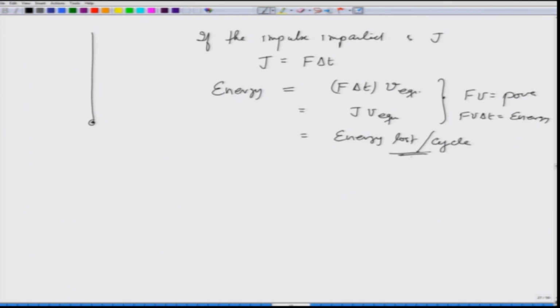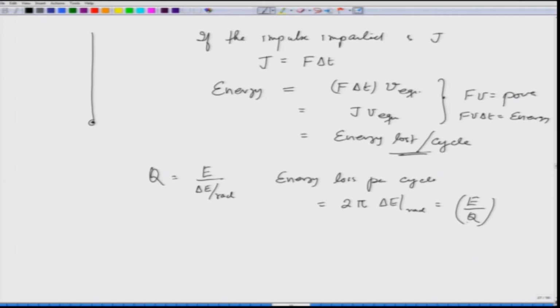Now, energy lost is given by the quality factor. So, quality factor Q is energy stored divided by energy lost per radian. So, energy lost per cycle is going to be 2 pi times delta E per radian, which is going to be E over Q, where E is the energy of the system.